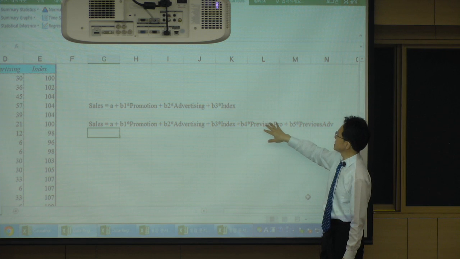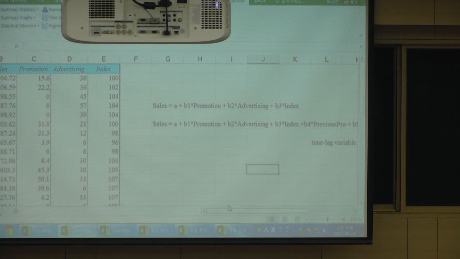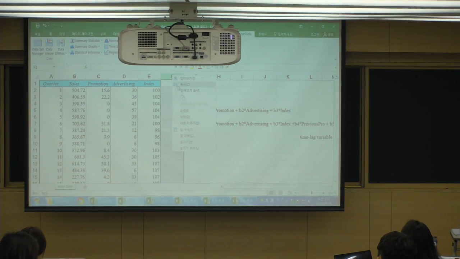In this case, we call these variables time lag variables. In other words, somehow I need to make sure that this one affects next period of sales.